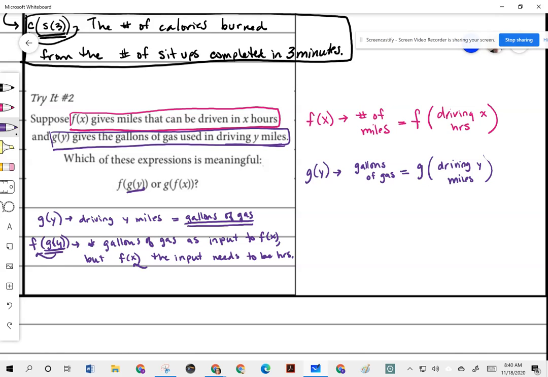Okay, so if you look at f of x, our input over here needs to be driving x hours. So this one right here is very confusing. I don't think that that makes a lot of sense.